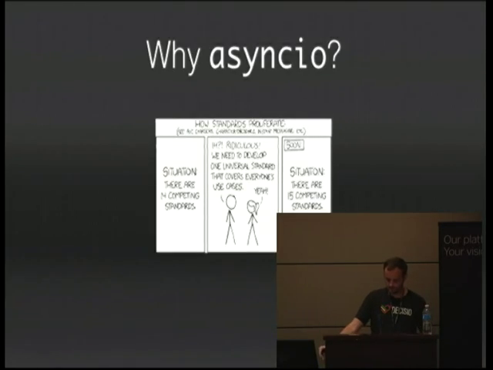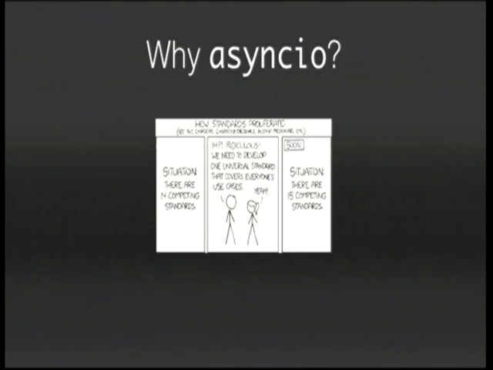So async IO is sort of the solution, or the attempt at a solution, to the many standards, or we have gEvent and Tornado and Twisted silos and other silos. Say I'm building a database driver for gEvent. Well, that sucks if I'm a Tornado developer, and I could use that async driver, but I can't because I don't have the same event loop as you. So one of the big things that async IO wants to solve is the event loop problem.